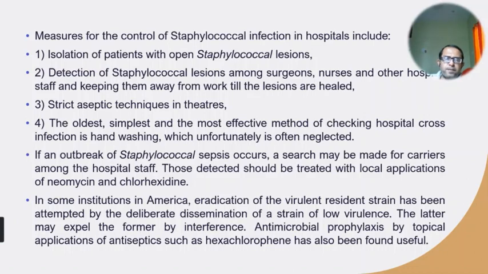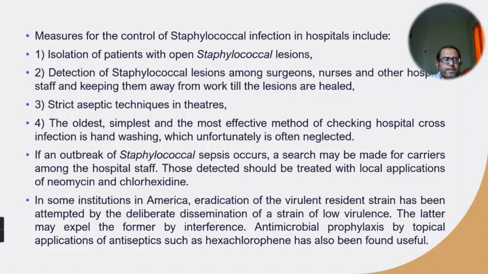Now, in some institutions in America, eradication of the virulent resident strain has been carried out by using a strain having low virulence power. This low virulence strain is introduced in the hospital area so that the highly virulent strain is replaced by it.